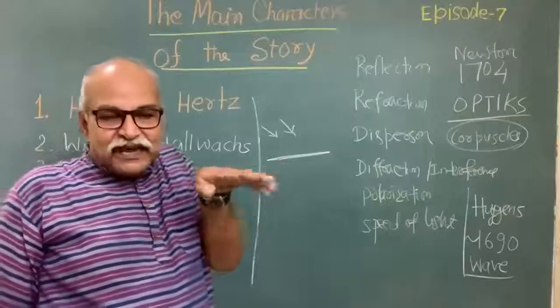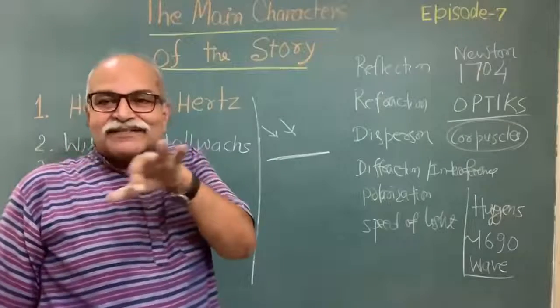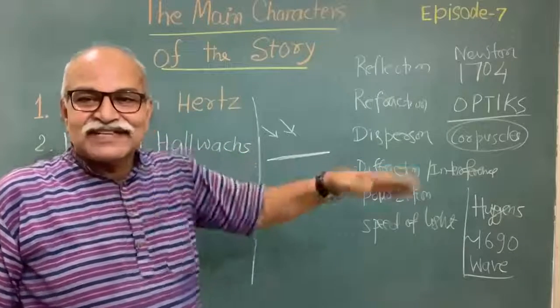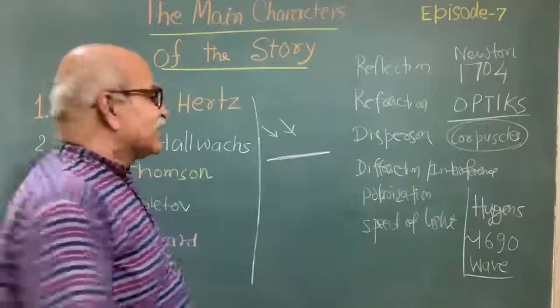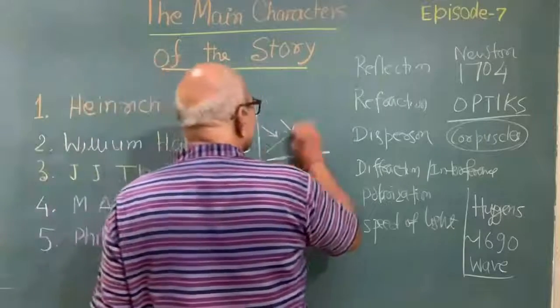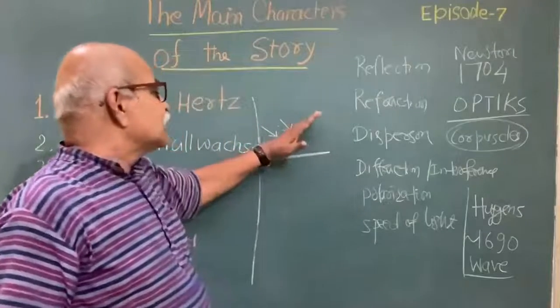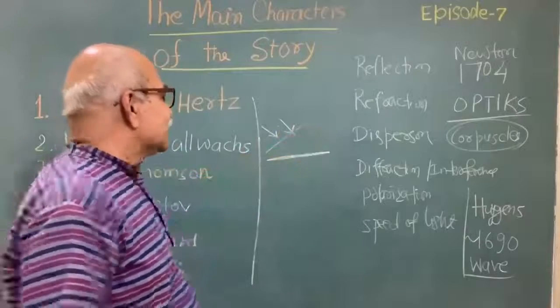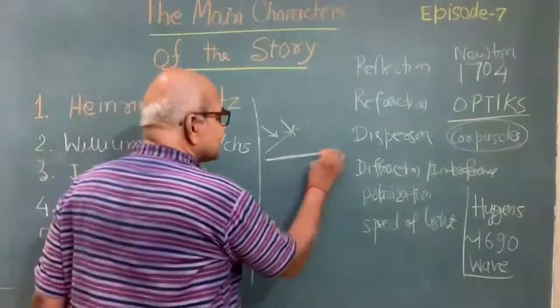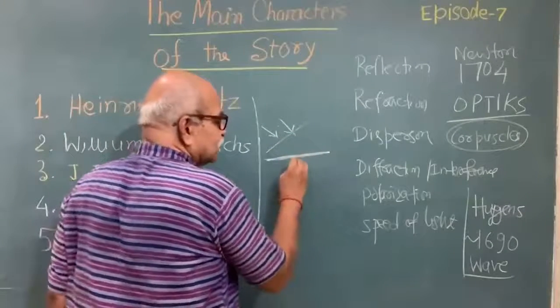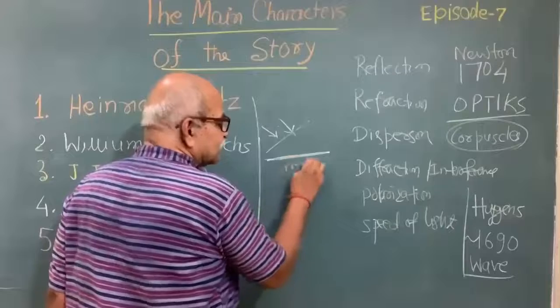Particles vibrating in the same phase make a surface, and that surface is called a wavefront, and that will be perpendicular to this. This wavefront will advance from here to here, here to here. So as it reaches this surface, let us say this is a material.